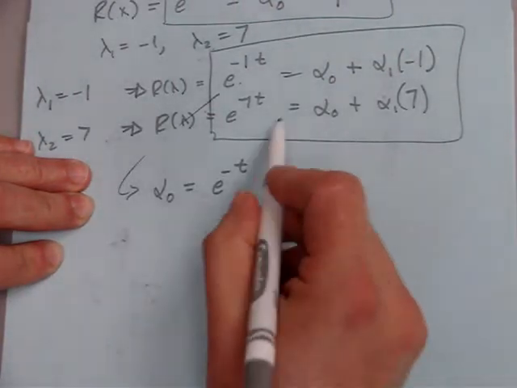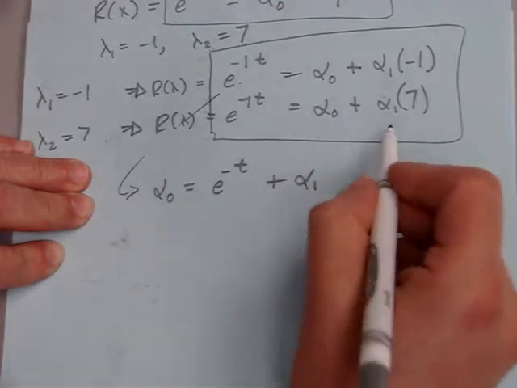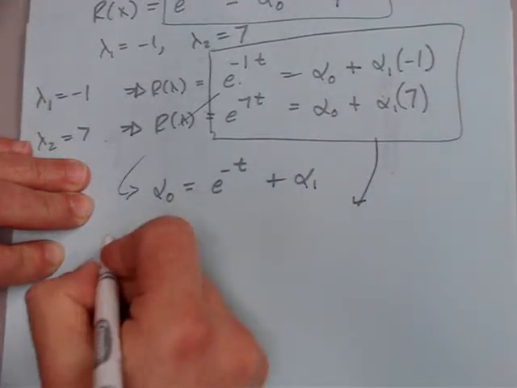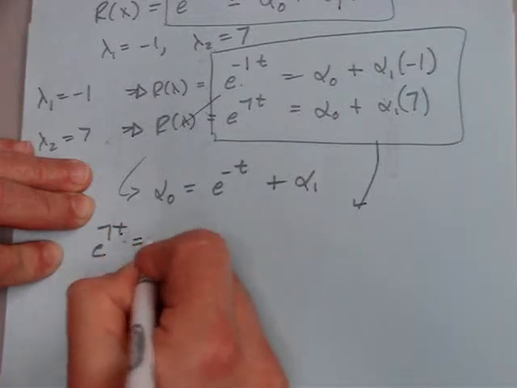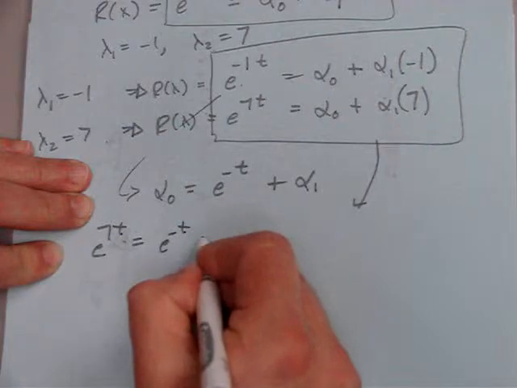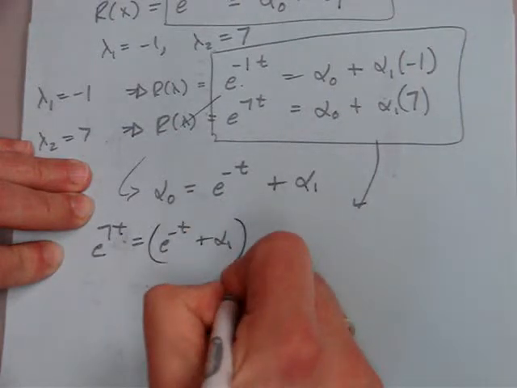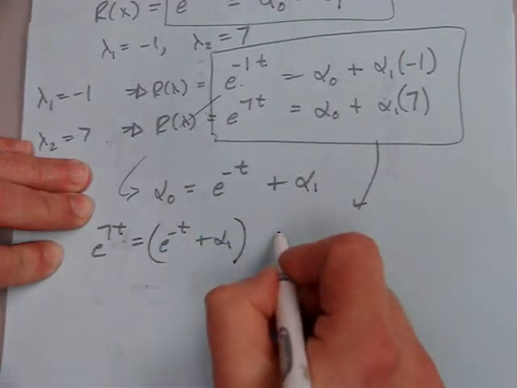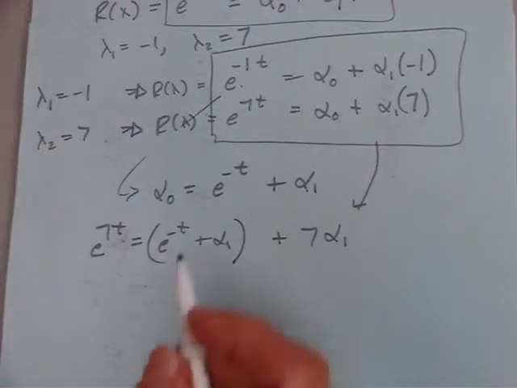Then we can substitute into the second equation: e to the 7t equals alpha 0, but now we put in for alpha 0, e to the -t plus alpha 1, plus 7 alpha 1.